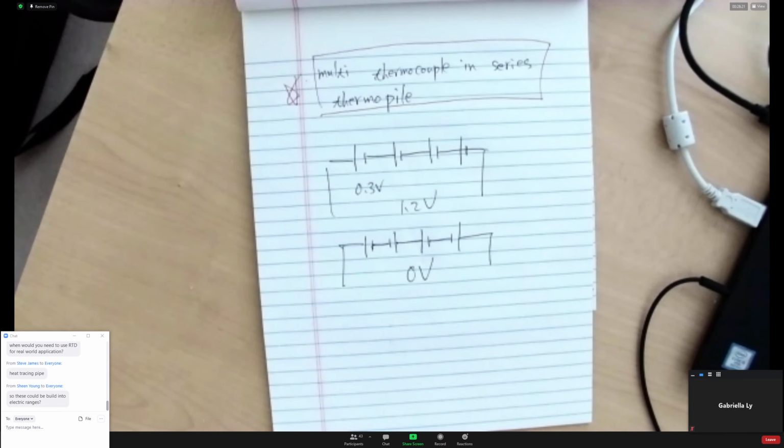You could use RTD, or you could use thermocouple, depending on the temperature range, everything. Yes, they could use those, or I have another piece down here.